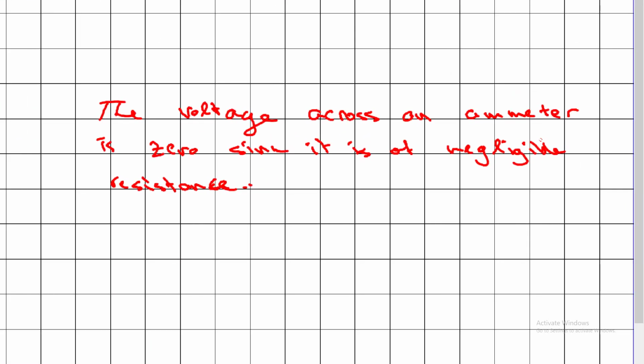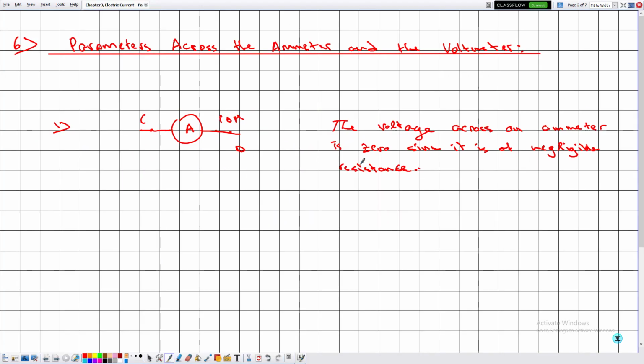Now the resistance, we will cover in the next chapter, which is chapter number 4. So in this case, UCD is equal to 0 because the ammeter is of negligible resistance. This is the point C and this is the point D. Now what about the voltmeter? Is there a similar statement for the case of voltmeter? And the answer is yes.